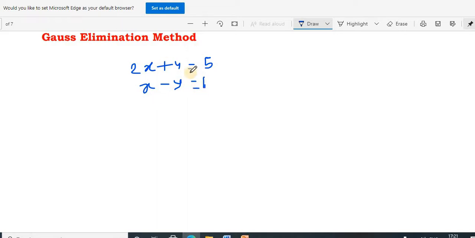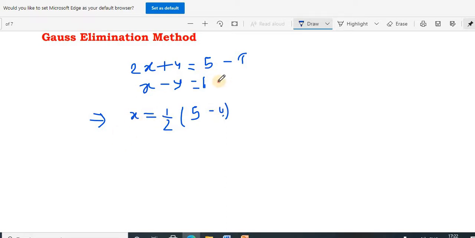So first, from equation 1, I write x in terms of the remaining variable. So x is equal to 1 by 2 times 5 minus y. Here I shift this y to the RHS, so it becomes 5 minus y, and when I shift this 2, it becomes 1 by 2.